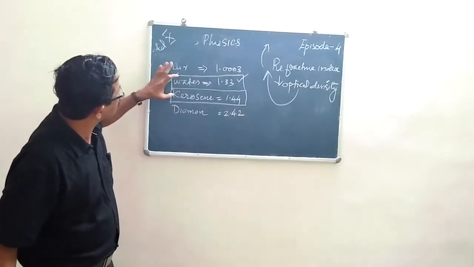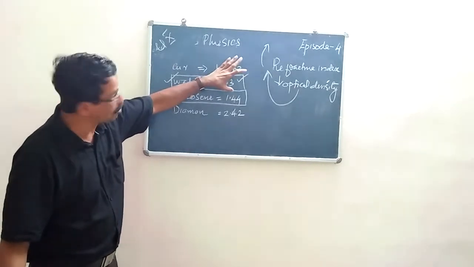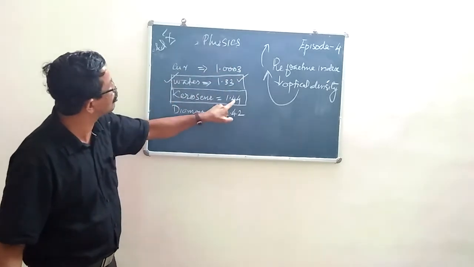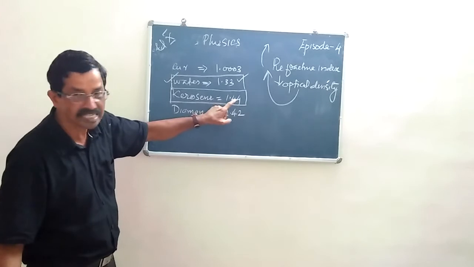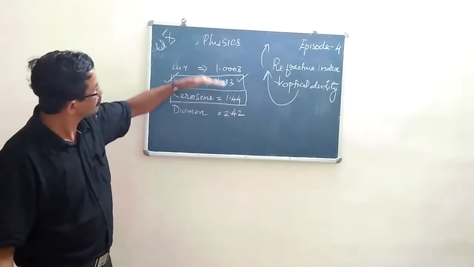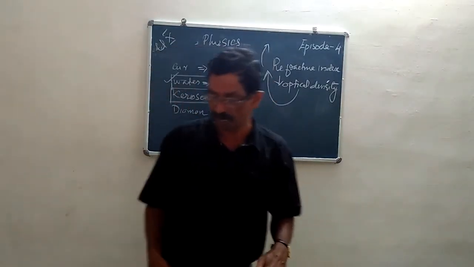Here, see, mass density of kerosene is small, but optical density is more. That means optical density is more for kerosene, but its mass density is less. This also you want to observe when you go through the table.